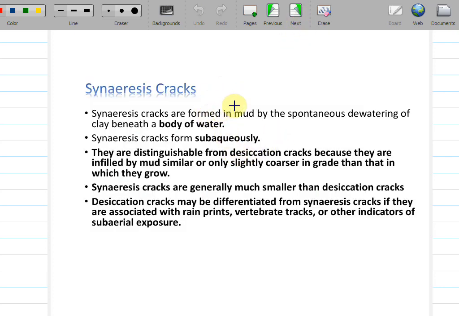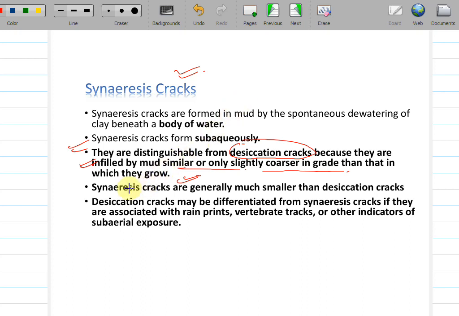Then there is Syneresis cracks. So Syneresis cracks are basically similar to desiccation cracks, but there is one thing that you have to remember, that they are infilled by mud similar, only slightly coarser in grade than that in which they grew. तो यहाँ पे जो cracks होते हैं, basically they are having the sediments which are coarser than mud.